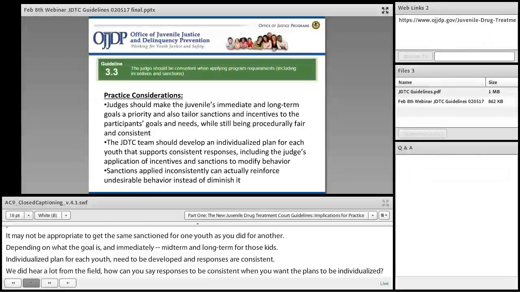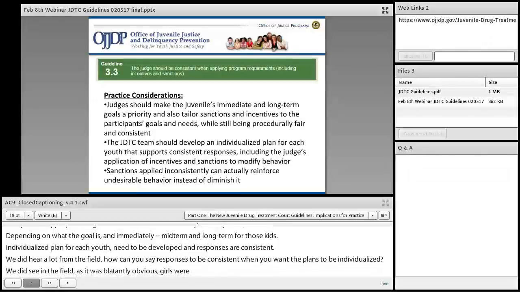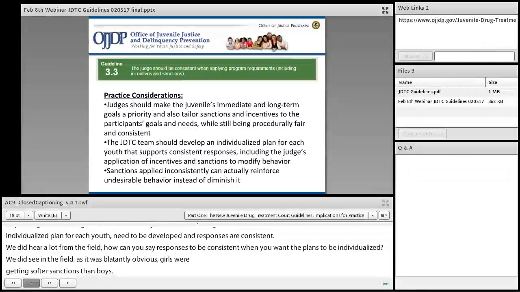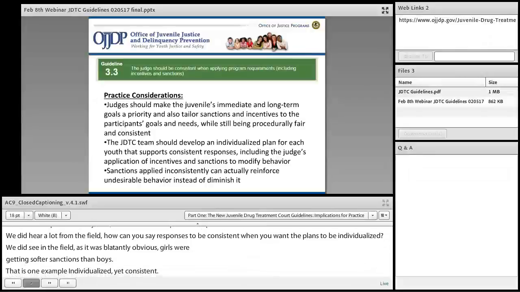And that's just one example. So: individualized yet consistent. And the research does show that sanctions that are applied inconsistently can actually reinforce undesirable behavior instead of diminish it, the opposite of what the program is looking for.